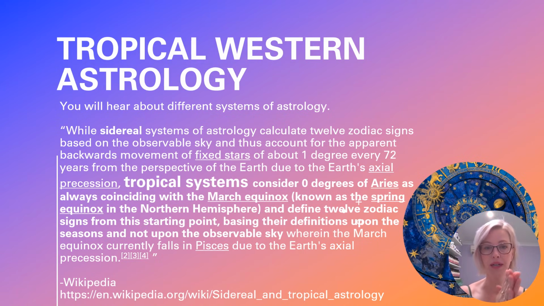The equinox in March, that is always Aries season. It's not based on the observable sky. Think of it as seasons. Like autumn is always autumn, and in astrology, Aries season is always the March equinox. So think of it that way. That's what we're working with, the tropical system. March equinox is always the beginning of Aries season.